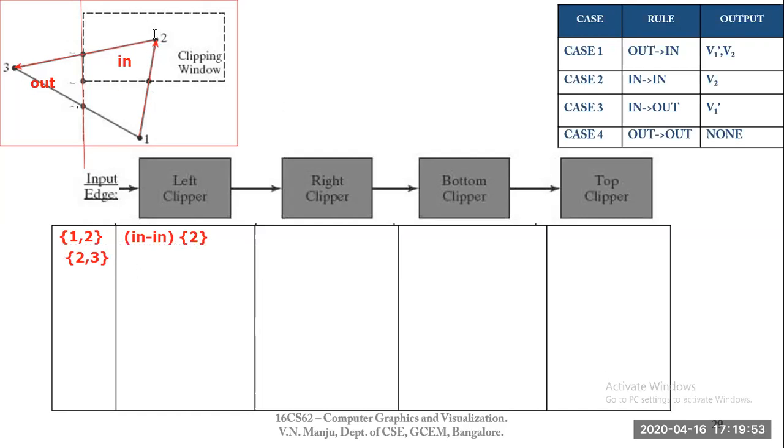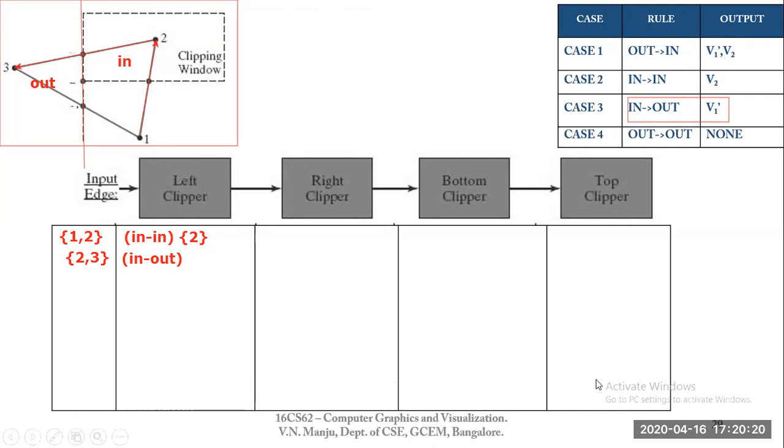It is going from inside to outside, so in to out. In to out gives V1 dash. What is the V1 here? It is 2. So I will write it here as V1 dash.